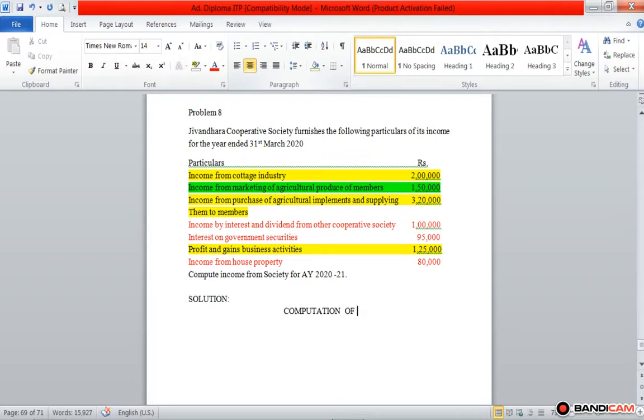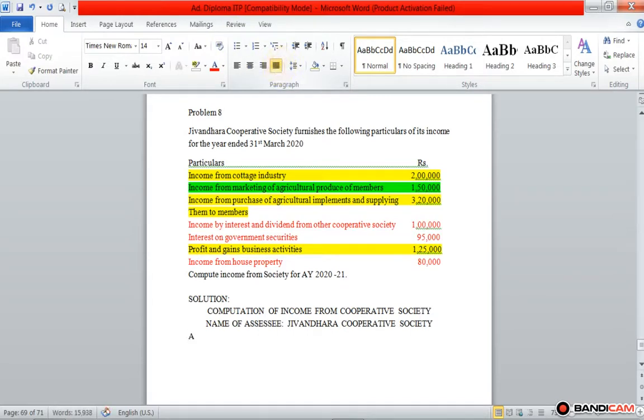Computation of income from cooperative society. Name of the society is given here: Jeevan Dhara Cooperative Society.